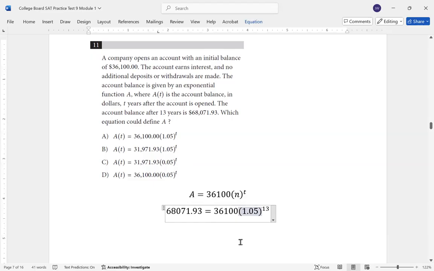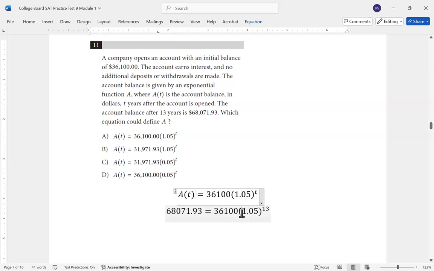So it's got to be 1.05, and therefore the actual equation is this one, $36,100 times 1.05 raised to the t power. So the answer to question 11 is A. A is A of t equals 36,100 times 1.05 to the t power.